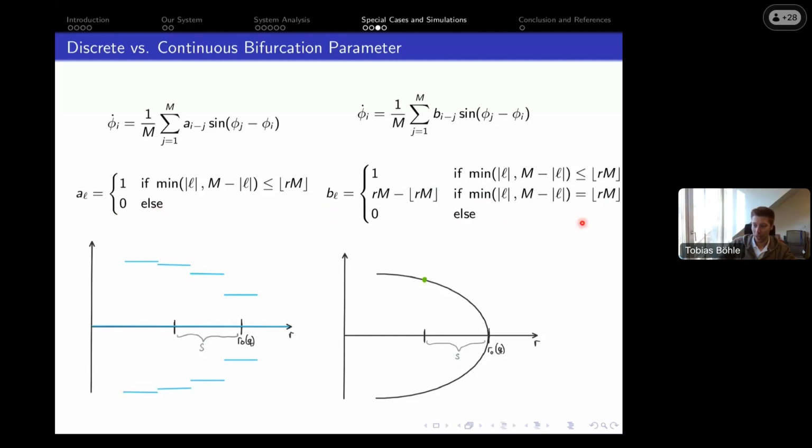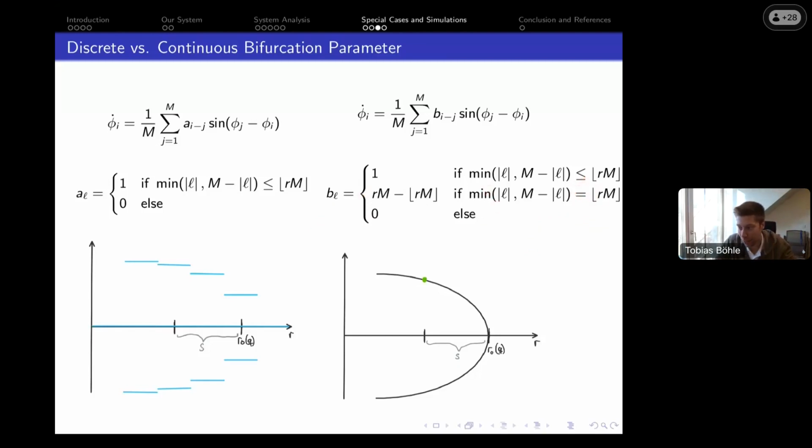But then here, for these coefficients B_l, what you do is you continuously increase the weight from 0 to 1, so that the weight of an edge can also be between 0 and 1. So this is what we do here.